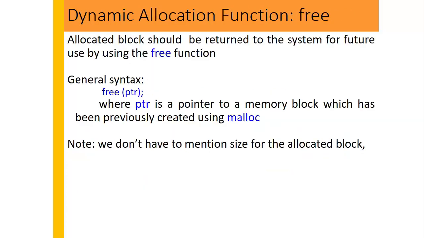Right? Now this is really important, deallocation. Right? Allocated blocks should be returned to the system for future use by using the free function. In our computer or a system, there are two sets of pools for memory. First is allocated, second is free. Whenever we require a new set of memory, we get memory from the free pool.